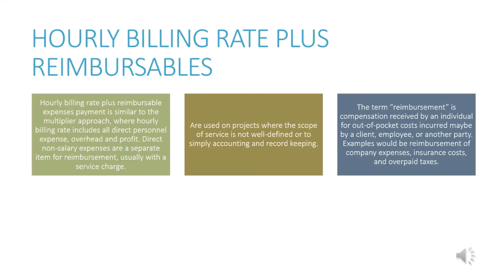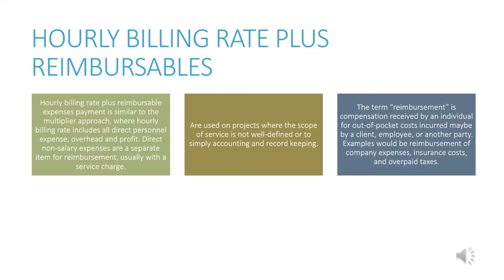Hourly billing rate plus reimbursable. Hourly billing rate plus reimbursable expenses is similar to the multiplier approach, where the hourly billing rate includes all direct personnel expense, overhead, and profits. Direct non-salary expenses are separate items for reimbursement, usually with a service charge.